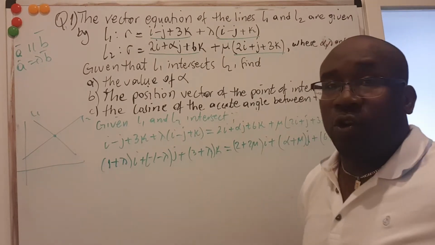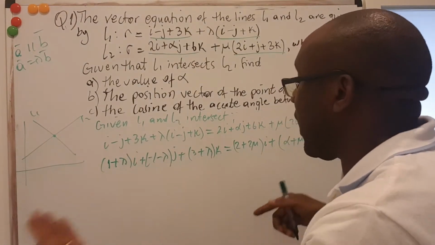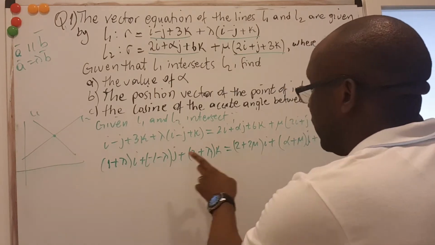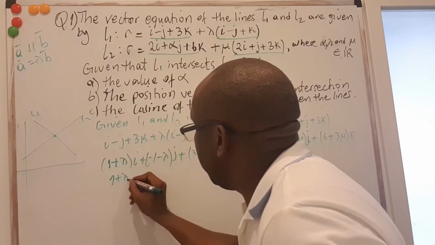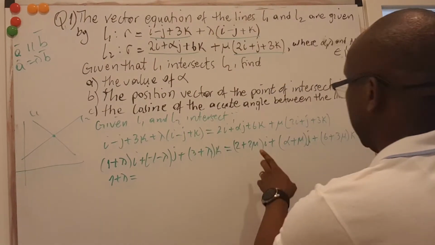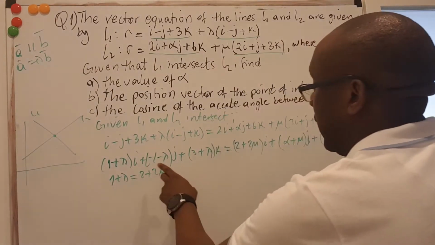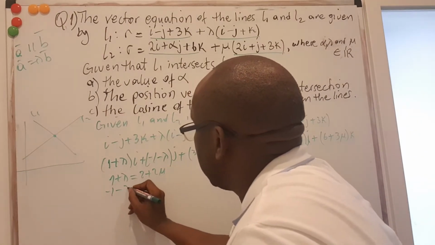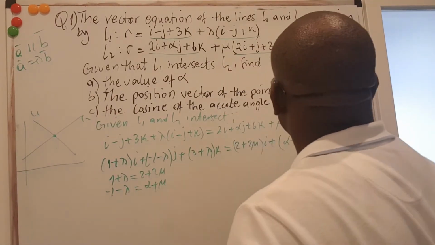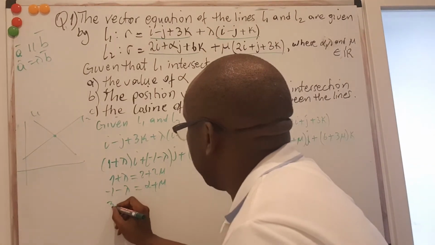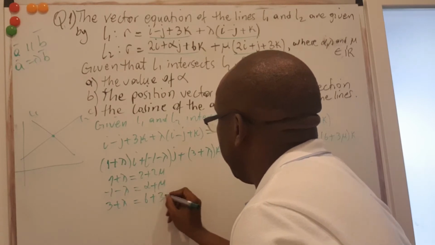So at this point, what we have to do is equate the corresponding coefficients of the unit vectors on the left and that on the right. So the i and the i go together, the j and the j, and the k and the k. So in that case, we have 1 plus lambda is equal to 2 plus 2 mu, minus 1 minus lambda is equal to alpha plus mu, and 3 plus lambda is equal to 6 plus 3 mu.